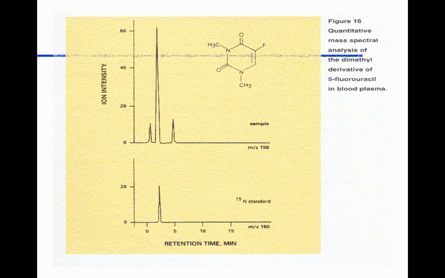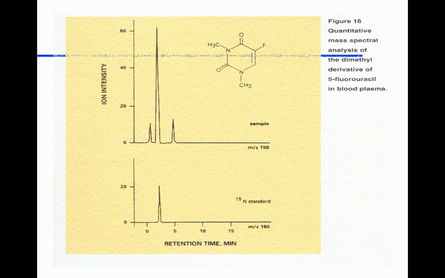If we want to make an internal standard, what we do is we synthesize this with a nitrogen that is 1 mass bigger. And then we add it to our sample. We do all of our isolation, analysis, monitoring, except we monitor, well, we got 2 nitrogens in here, right? So there's 2 nitrogens. So this is mass 158.